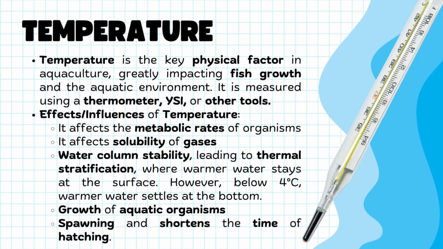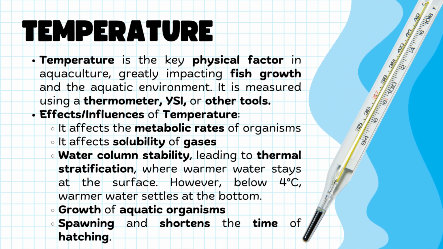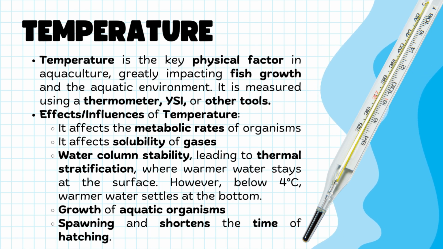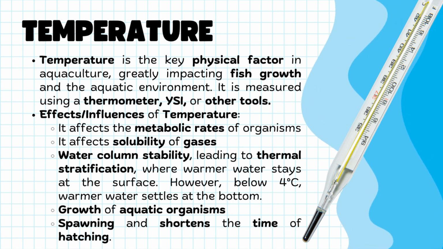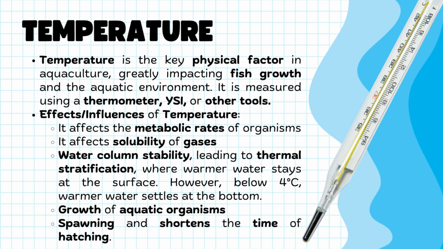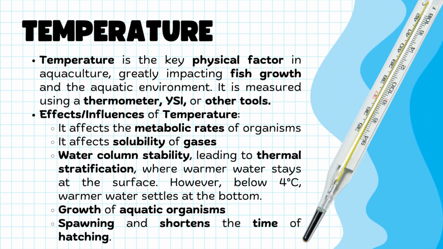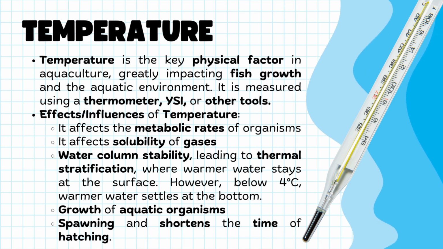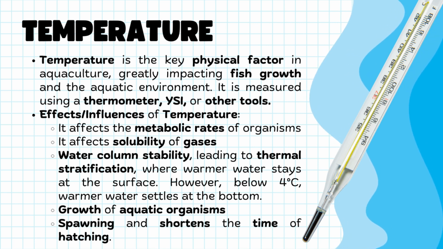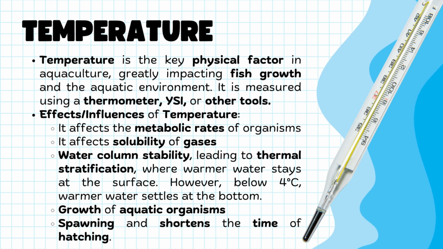However, if the temperature falls below 21 degrees Celsius or rises above 35 degrees Celsius, it can lead to stress, disease, and even mortality. Abrupt temperature changes, especially more than 5 degrees Celsius, can be stressful for fish. That's why monitoring and maintaining stable water temperatures is critical for successful aquaculture.